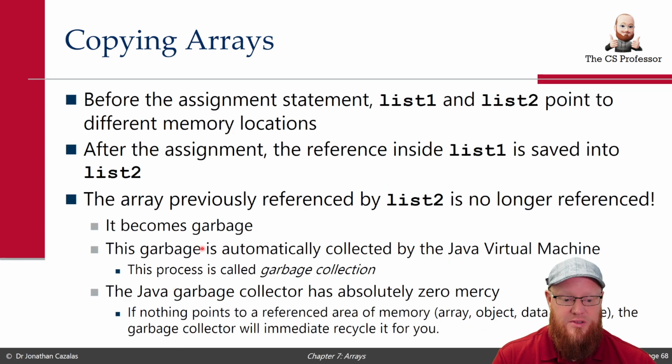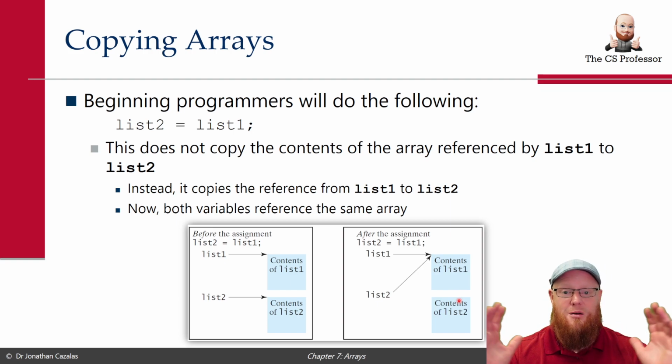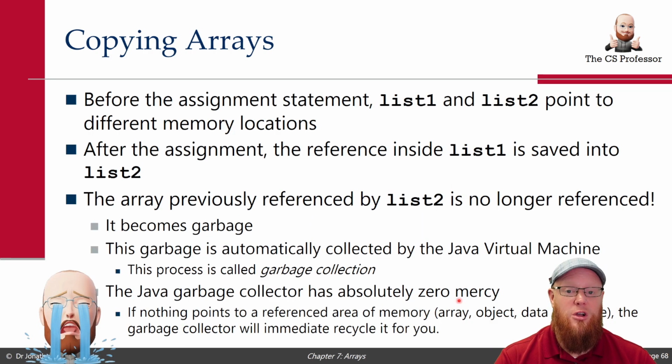And then because no one is pointing to this actual array, list 2, anymore, it's all by its sad, lonesome self, the Java garbage collector will immediately come delete it. Java garbage collector has no mercy whatsoever.